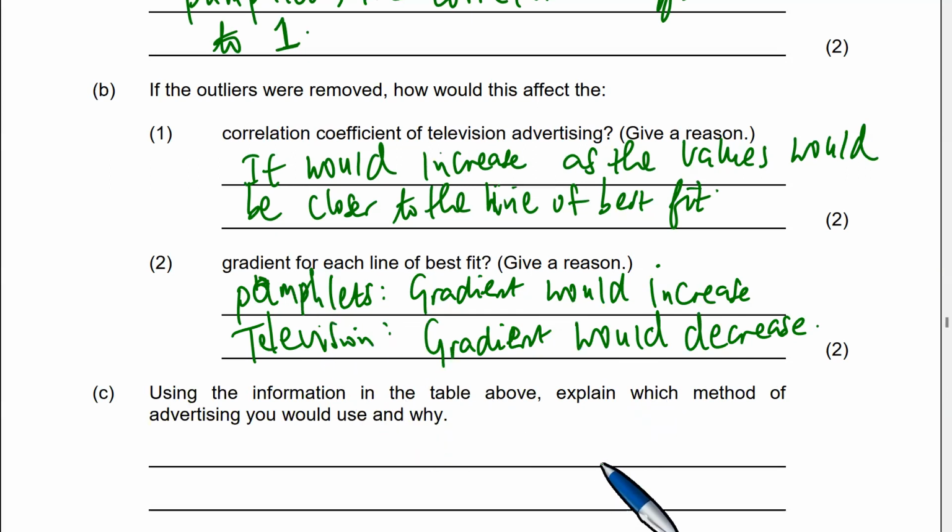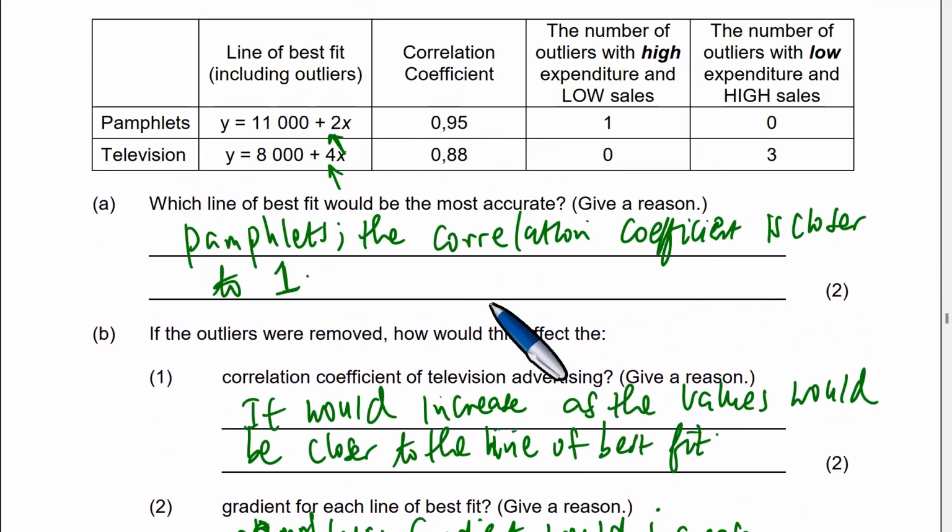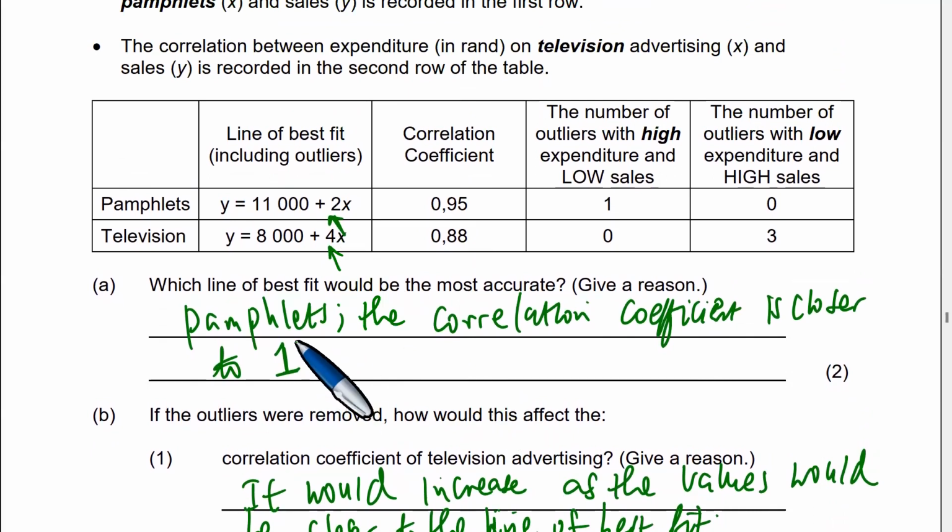For the pamphlets, it would increase, but for the television, it would most certainly decrease. If the outliers were removed, for the pamphlets it would certainly increase, but for the television, it would potentially decrease, right?